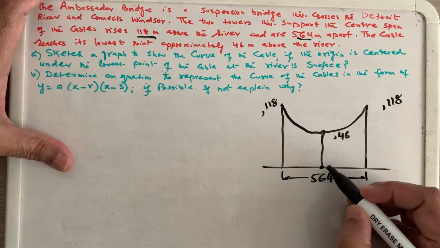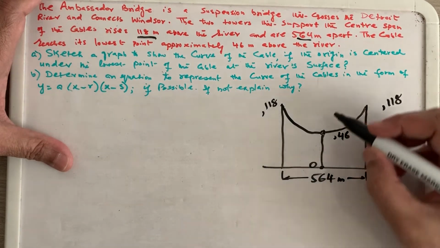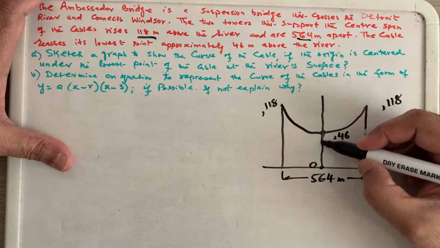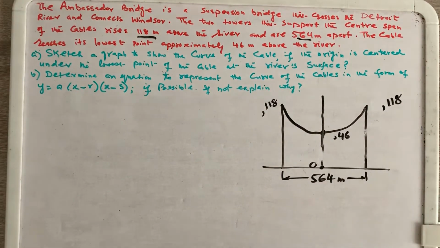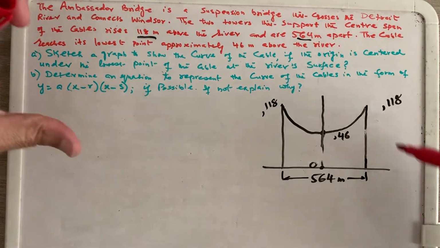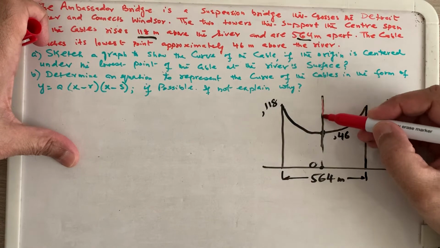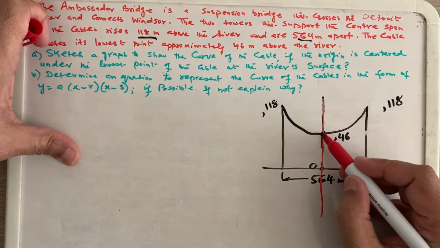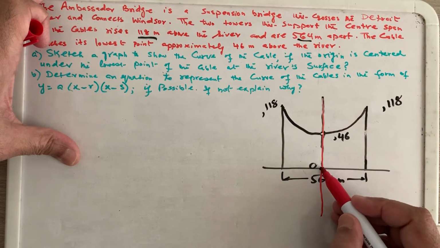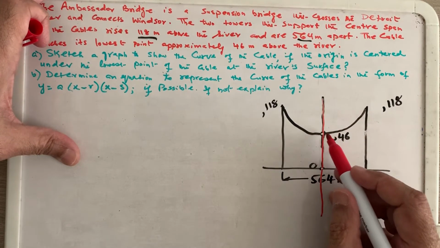So if the origin is centered here, then this is my y-axis. I will use another color so that we can distinguish between the given facts and the plot. So this was my 46, but the origin is here underneath this point, right?